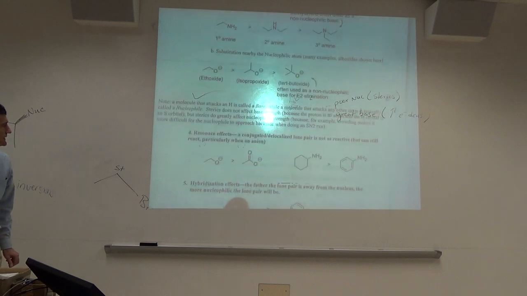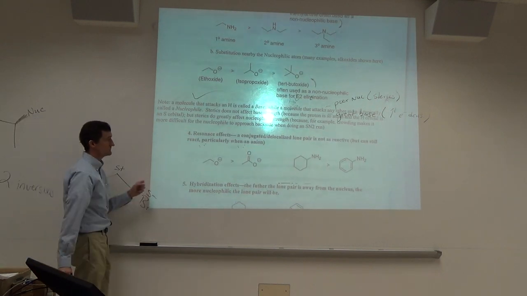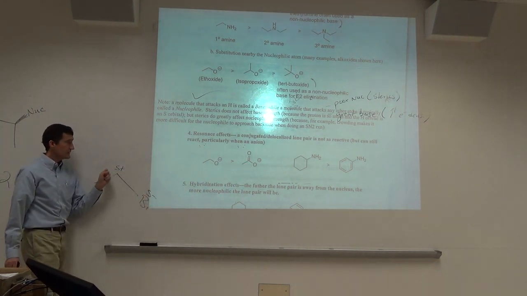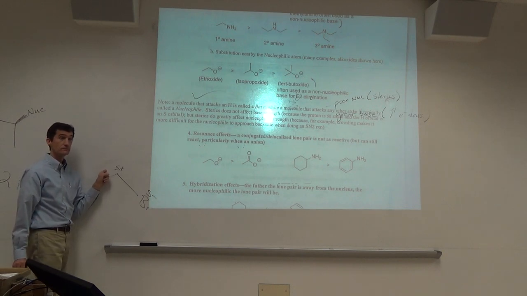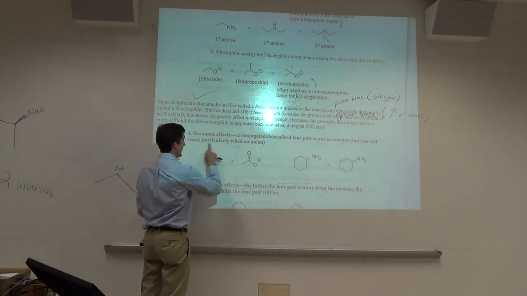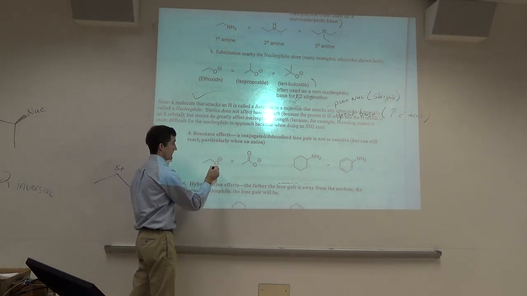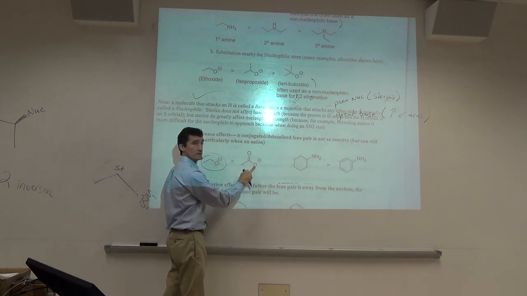Which one's going to be more willing to attack it? Does it make sense if it's the one with the more minus? Which one has more minus on the oxygen? This one. Does this one have a full minus on that oxygen?